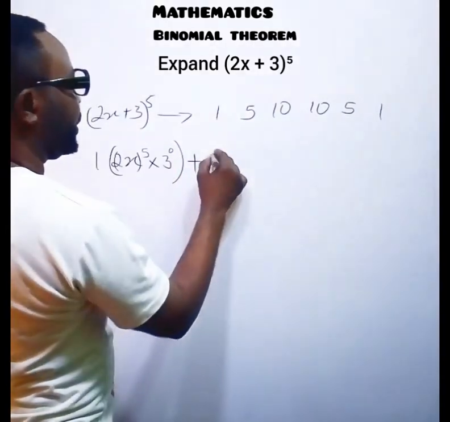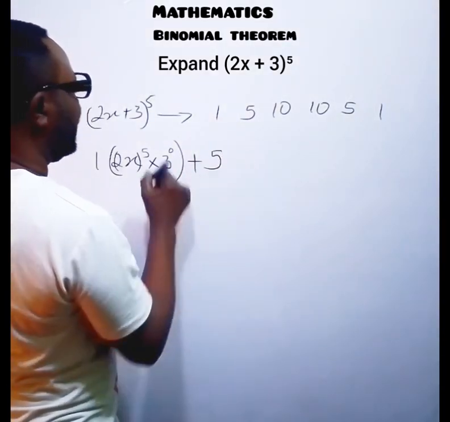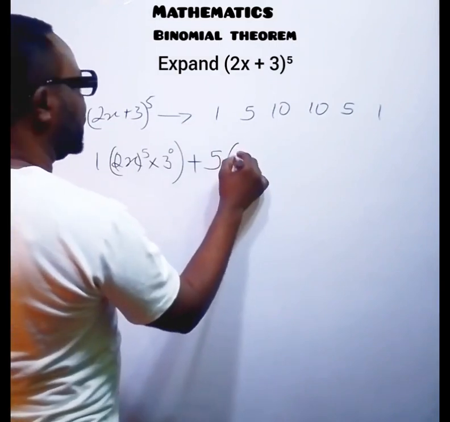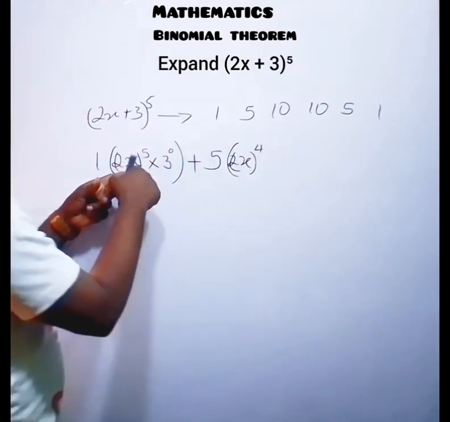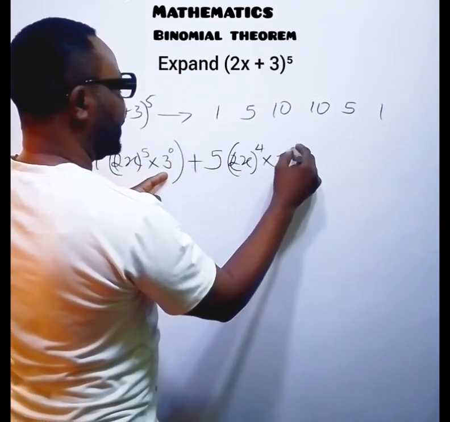Plus, what's the next term? The next coefficient is 5, into (2x) in brackets raised to the power of 4, which is reducing, multiplied by 3 raised to the power of 1.